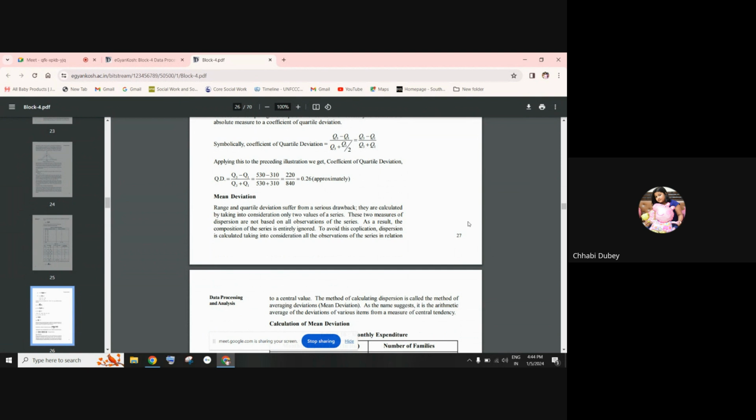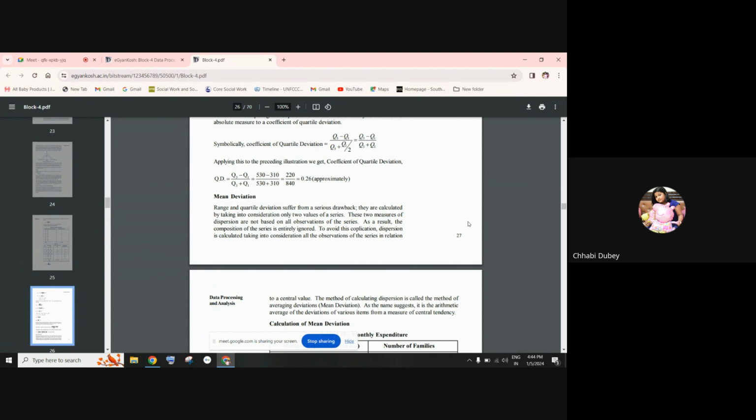In order to avoid this complication, generally the dispersion is calculated taking into consideration all the observations of the series in relation to a central value. The method of calculating this dispersion is known as the method of averaging deviations or the mean deviation.